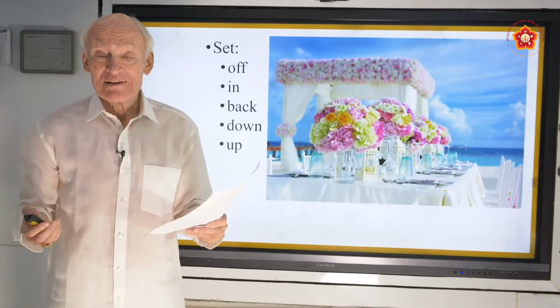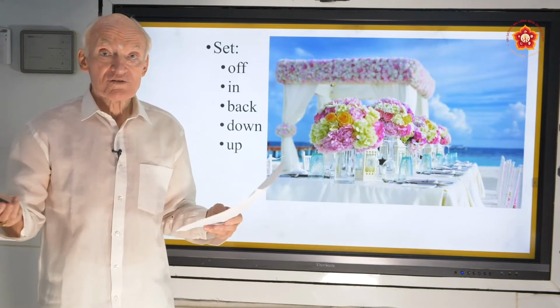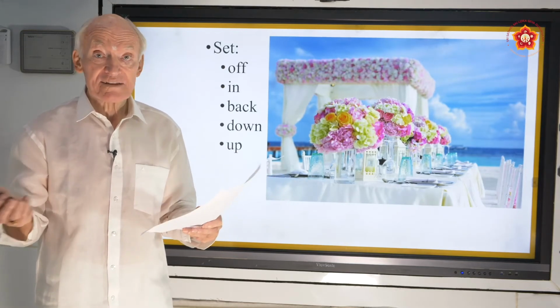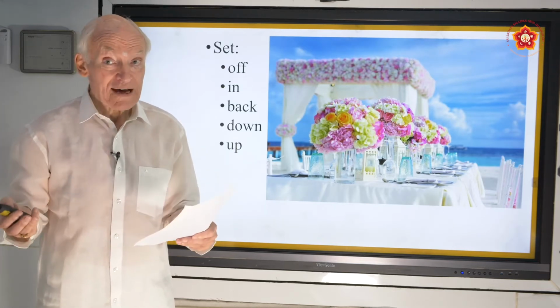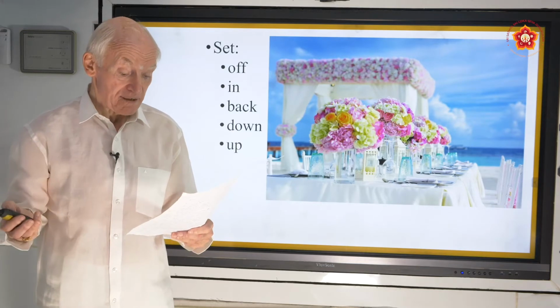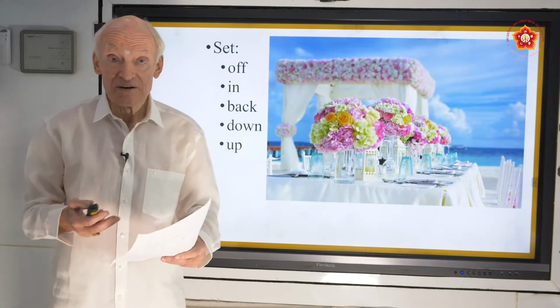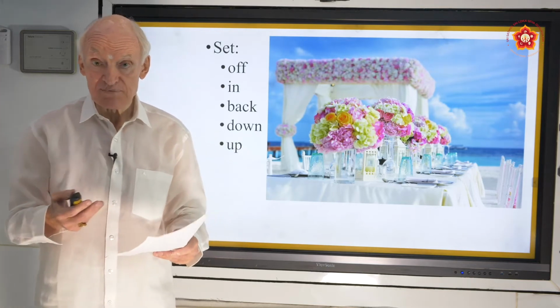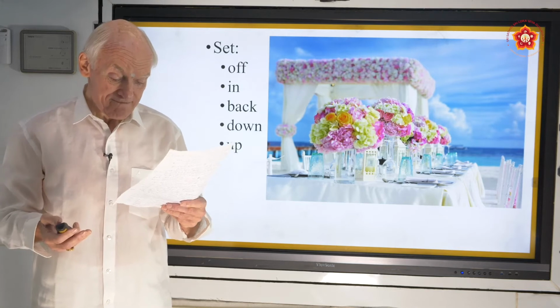Are you happy with the teaching setup that they have provided for you? Sometimes you'll go into a new school or a classroom and they've set things up. And the teacher or the principal will ask you, are you happy with the way things are set up? And as we explained, the setup here is for a beautiful wedding reception. And so all things are there, set up in a beautiful way.